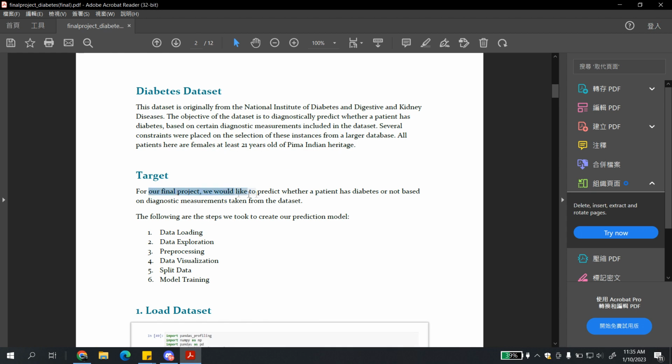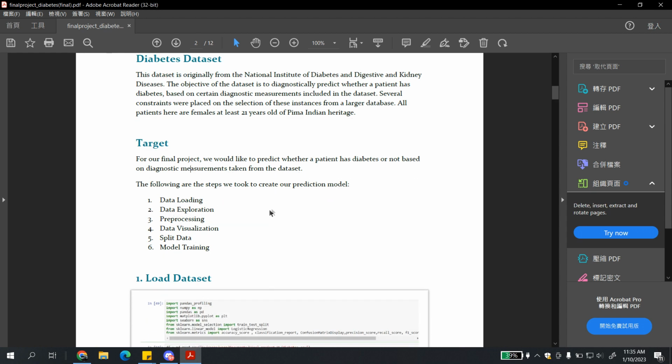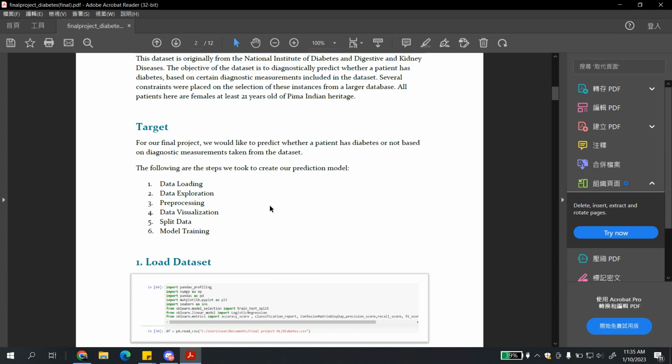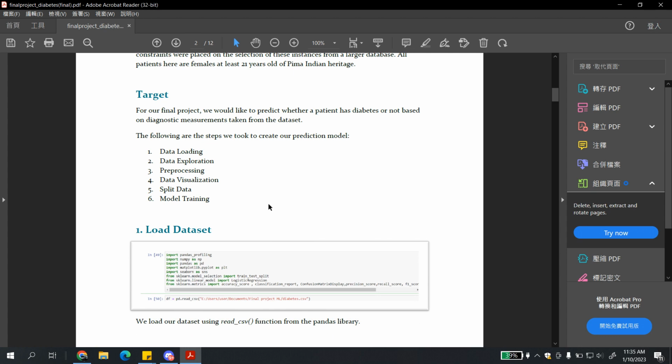The target of this final project is predicting which patients have diabetes or not based on the diagnostic measurements taken from the dataset, and also finding out which features in the dataset have the most impact on the outcome of patients, whether they have diabetes or not.